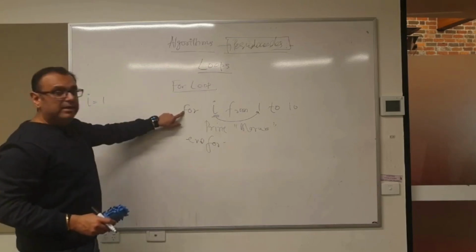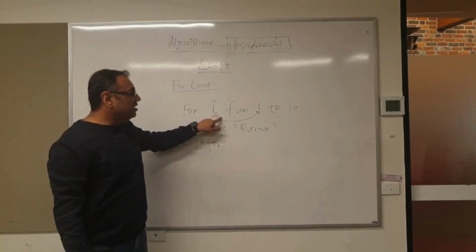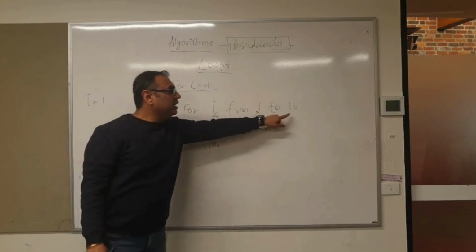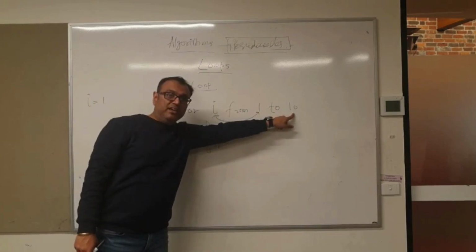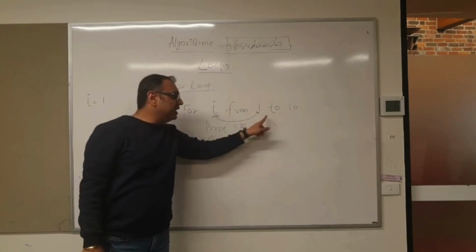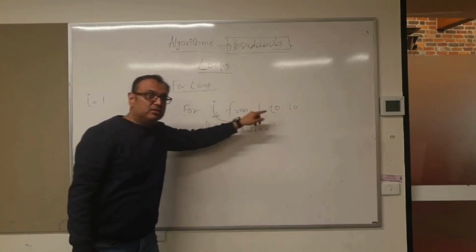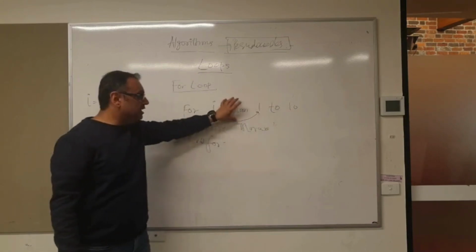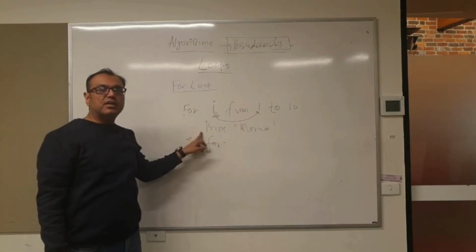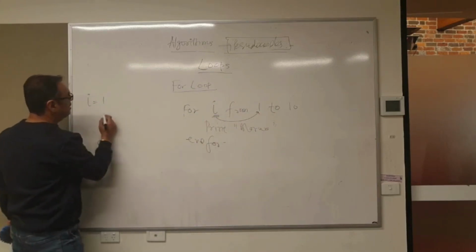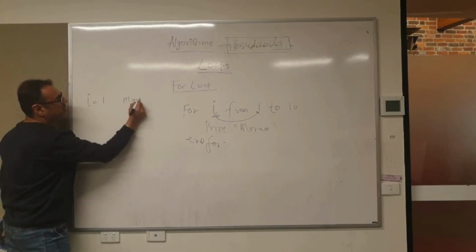And then it checks, is the value of I equal to the final value of I? No, I is 1 at the moment. I needs to go till 10. So that means this is false, it goes inside. And it says print Marwa, so it prints Marwa on the screen.